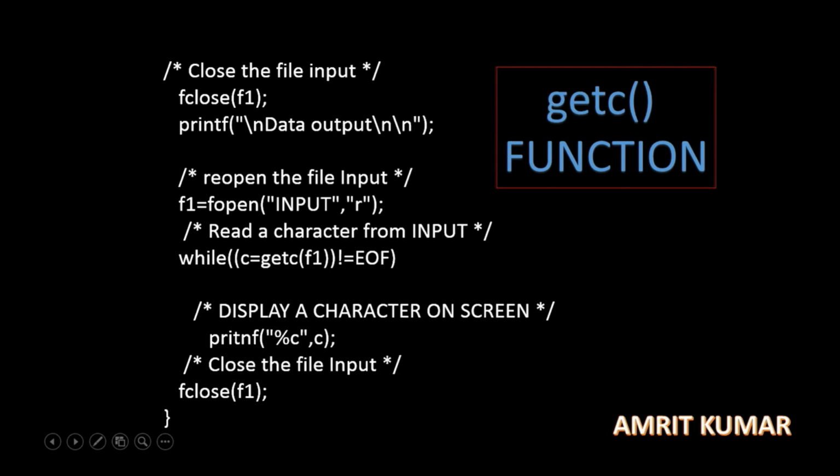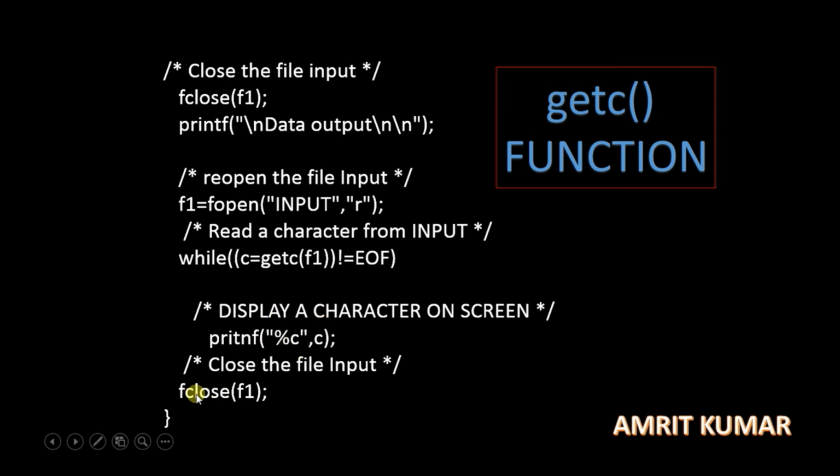After that I close the file input with the fclose function. Then I use the printf function, so "Data Output" is displayed, and I reopen my file in reading mode. One by one I read the file with the help of the getc function, which helps us read a character from the file, and through this we display each and every character that we wrote in our file.